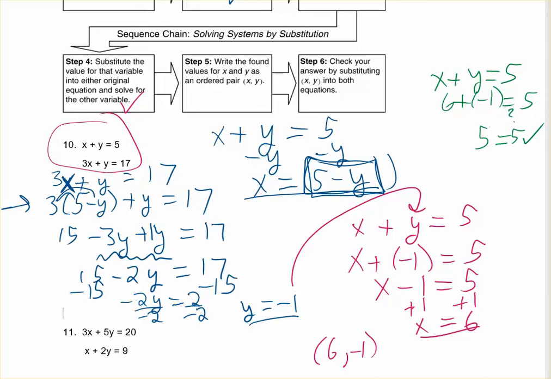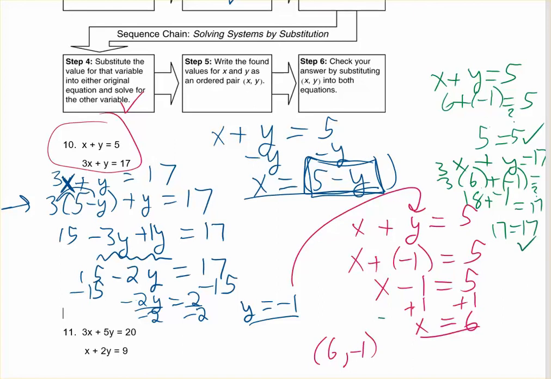And then I'm going to check it in the second equation. So 3 times x, that's 3 times 6, plus negative 1, we want to see if that equals 17. 18 plus negative 1 does equal 17. 17 equals 17, so it checks in both of them.